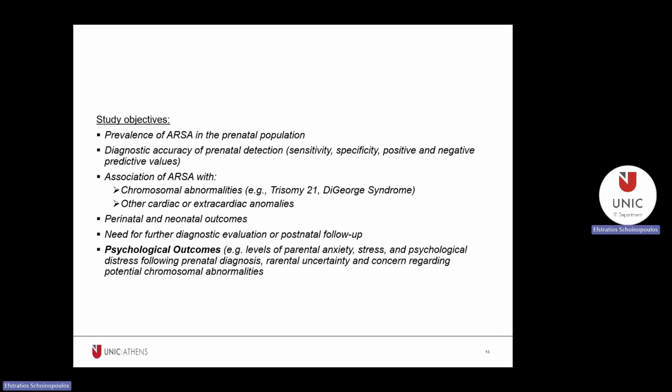So the study objectives will be to highlight the prevalence of ARSA in prenatal population because this variation could be identified prenatally by ultrasound, to highlight the diagnostic accuracy of prenatal detection, to find any association of ARSA with chromosomal abnormalities such as trisomy 21, DiGeorge syndrome, or other cardiac or extracardiac anomalies, and to highlight any psychological outcomes, such as levels of parental anxiety following prenatal diagnosis.